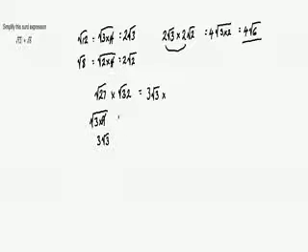And then root 32, if you saw the first video, we know that that's the same as the root of 2 times 16. I know the root of 16 is 4, leaving me root 2 inside. So instead of root 32, I've now got 4 root 2. So this becomes easier to handle because I've got smaller numbers. So again, you multiply like with like. So 3 times 4 is 12.